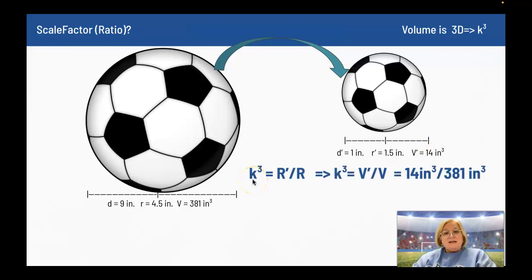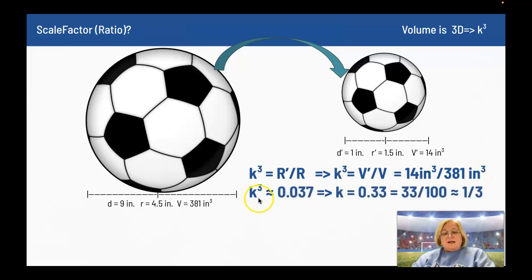If I take K cubed, it's got to equal my V prime, which is my new volume, divided by my original volume. So that's 14 inches cubed divided by 381 inches cubed. I end up with approximately 37 thousandths. K cubed is 37 thousandths.